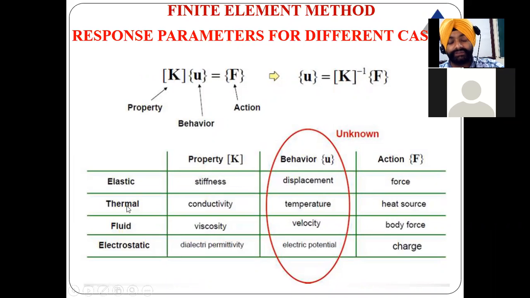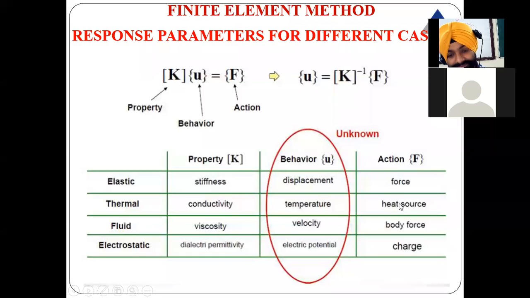Then thermal: if you want to check the thermal conductivity of a particular material, the property is conductivity, and the behavior is whether it shows some temperature change. To check that, you can apply a heat source.